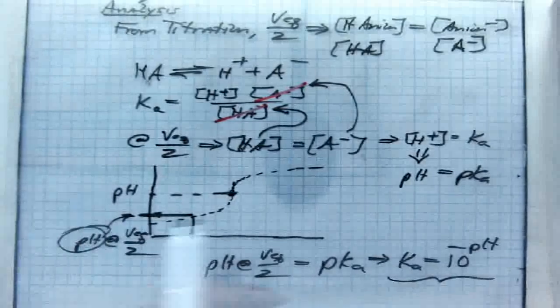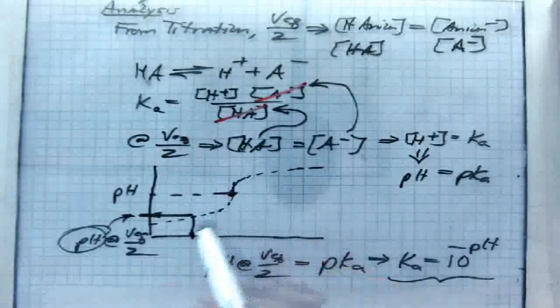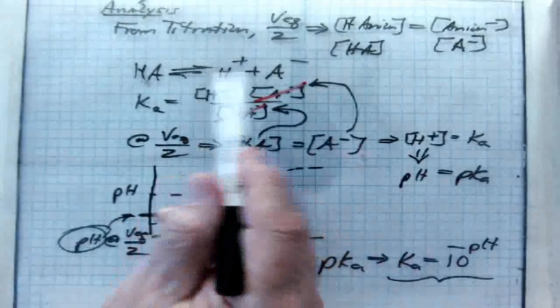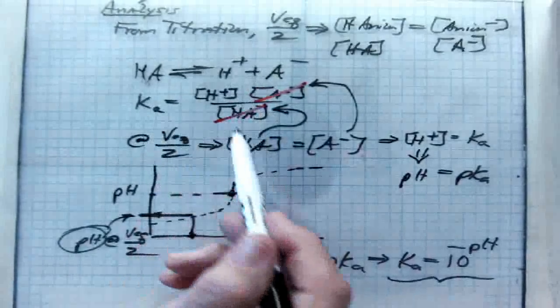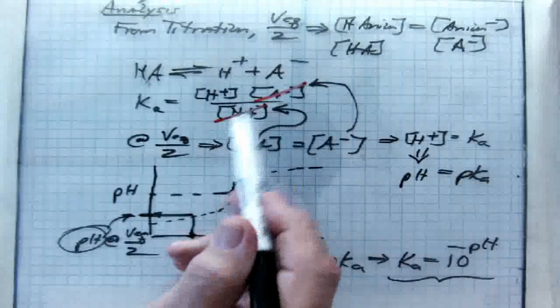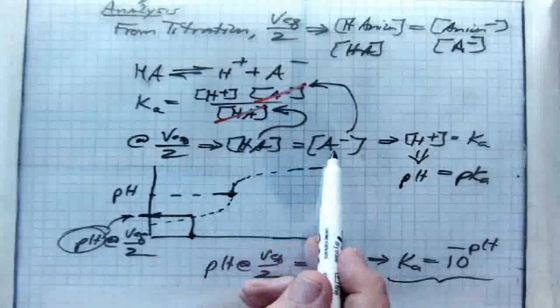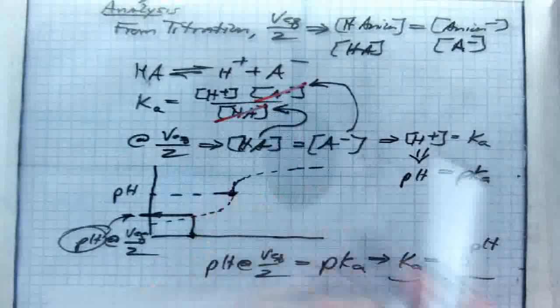And you can look up or Google the Ka value, the accepted value, so you can do your percent error. I don't know what it is. I might know. Hang on. Yeah, I got it. Propionic, 1.3 times 10 to the minus 5. So you're shooting for that number.